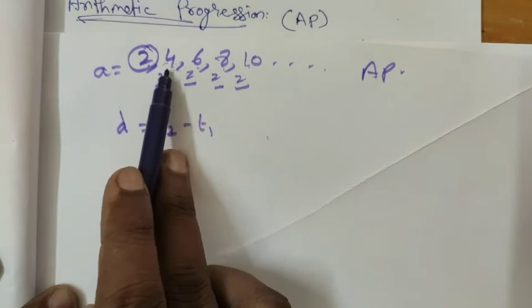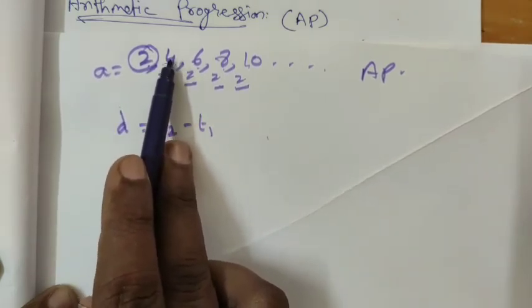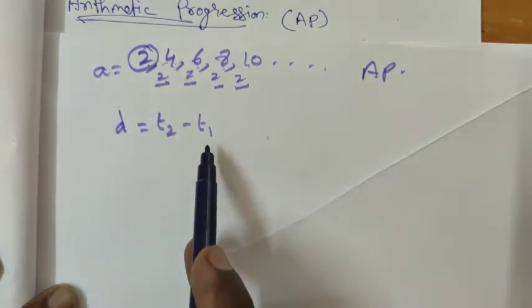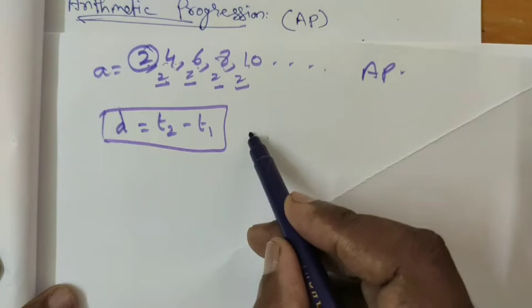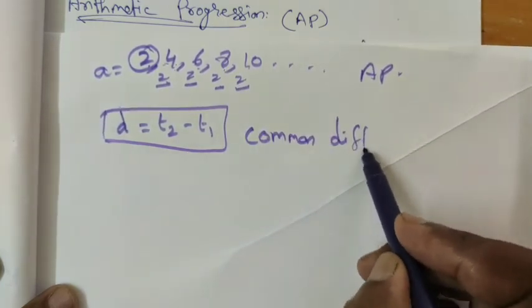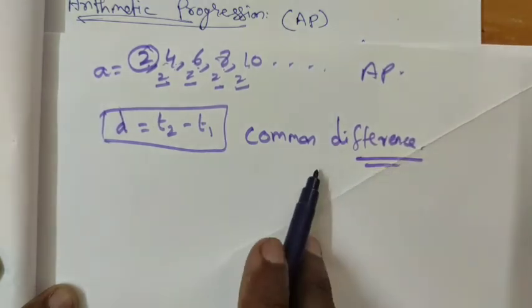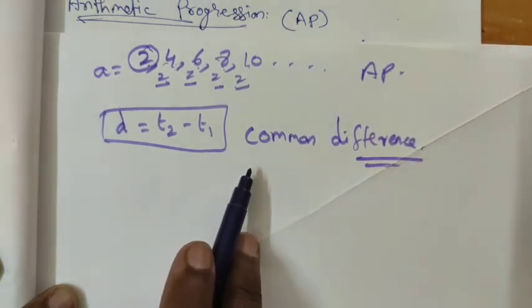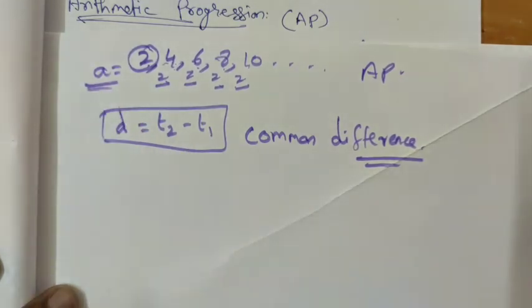When you have only two terms, we choose the second term minus the first term as the formula. D is called the common difference. When a sequence has an equal common difference, then the sequence is called an AP. A is called the first term.